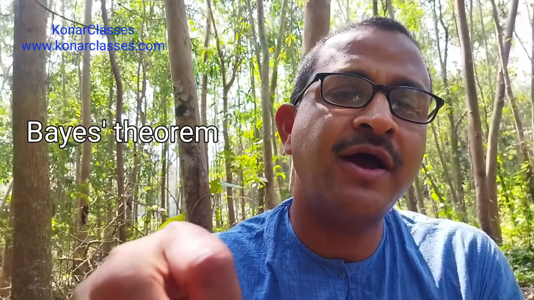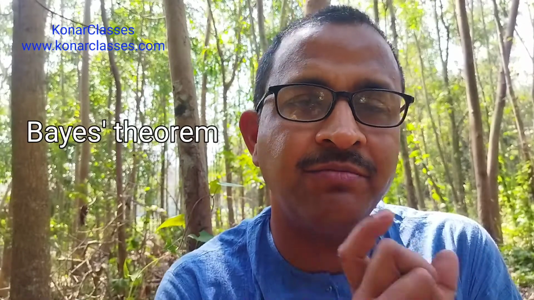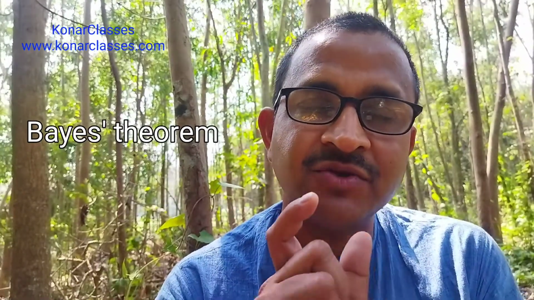But you put your hand in any of the bags and take out a ball, and after that it turned out that the ball is a white ball. Now if the question is what is the probability that this white ball came from the second bag, Bayes theorem is going to answer this type of question.